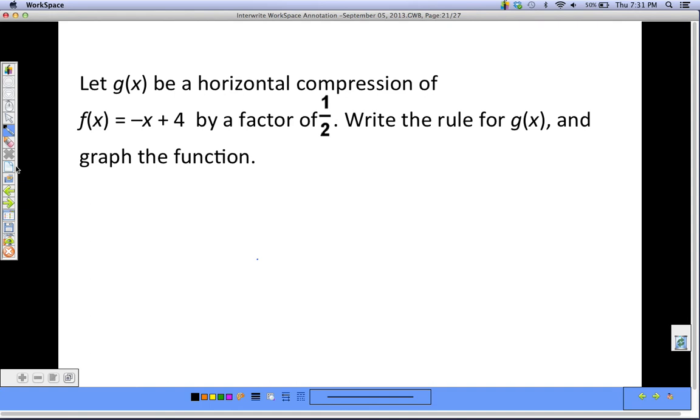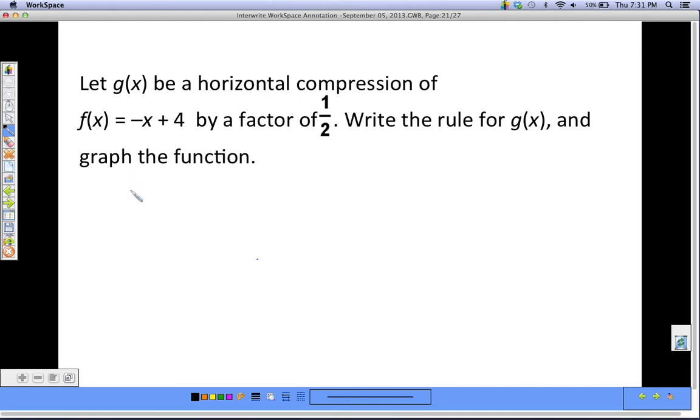Okay, so let's give this a horizontal compression to f of x equals negative x plus 4 by a factor of 1/2. So, a horizontal compression.